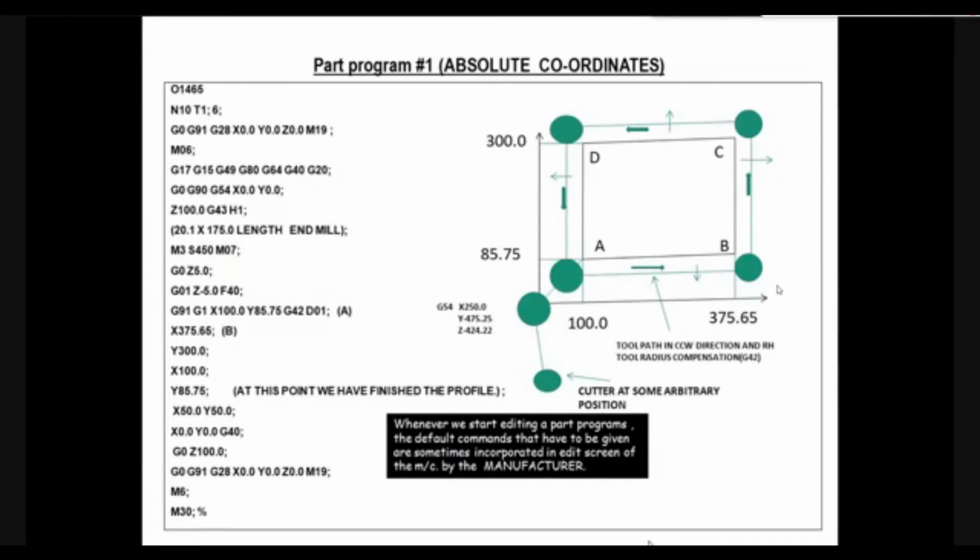The next line is G0, G91, G28, X0, Y0, Z0, M19. G0 stands for rapid movement, G91 stands for relative coordinate system, G28 is return to the reference point of the machine, X0, Y0, Z0 specifies the machine origin, and M19 stands for machine orientation.